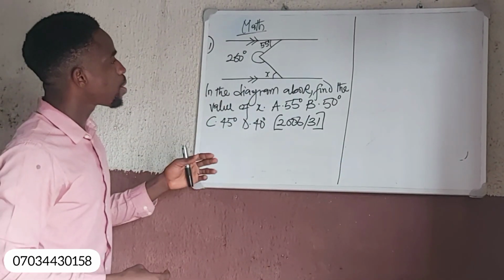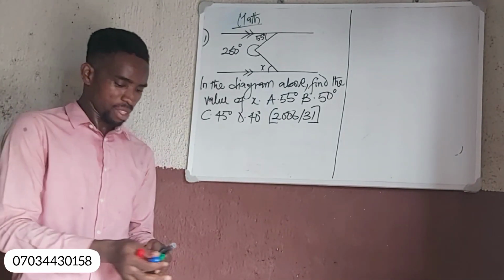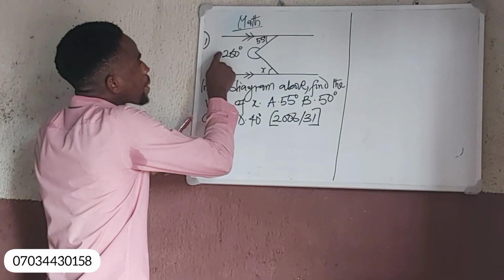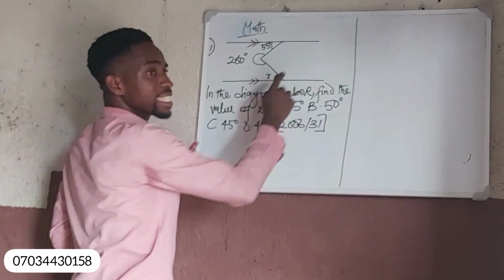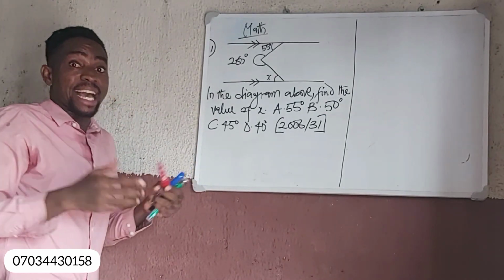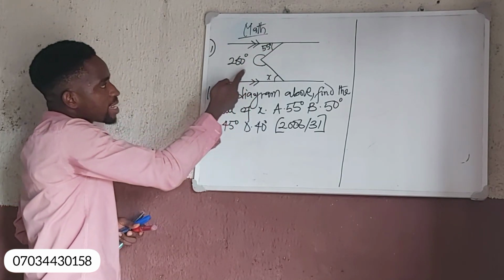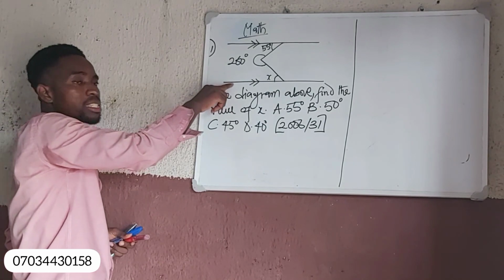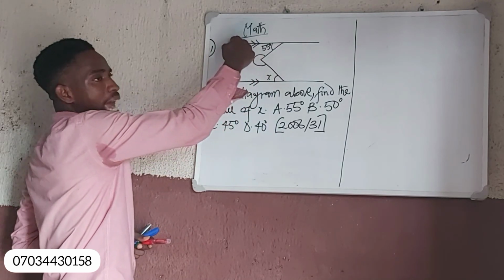So how do we connect them? We make a little modification. Look at it. We can decide to introduce a third line in between these lines that will be parallel to these two. Someone else can decide to extend this line so that it becomes a straight line cutting the second line, or somebody can decide to extend this one and cut this one.